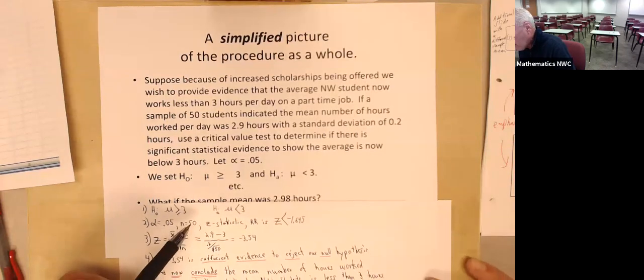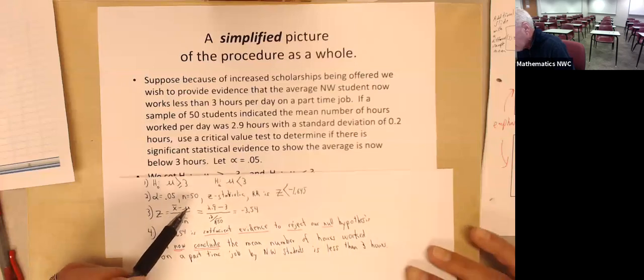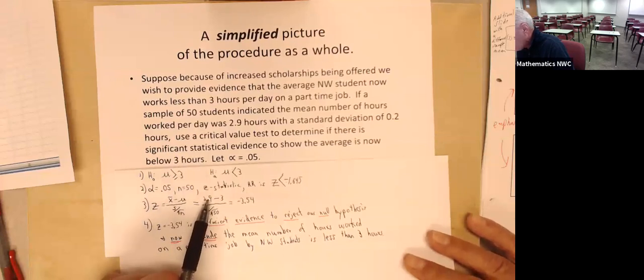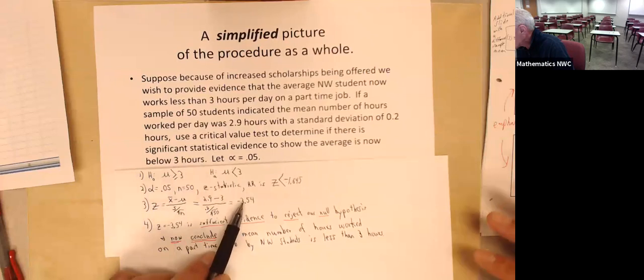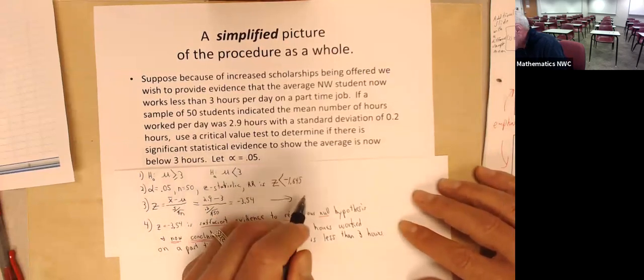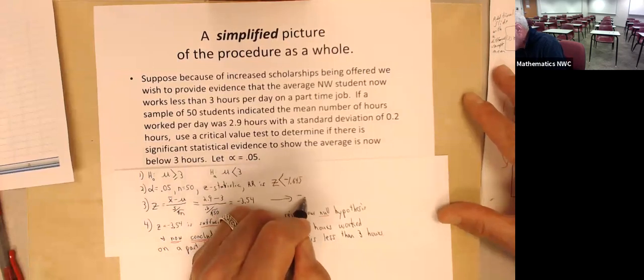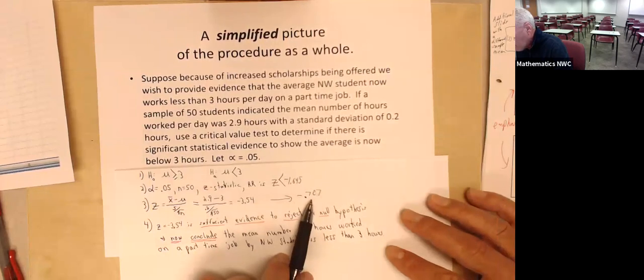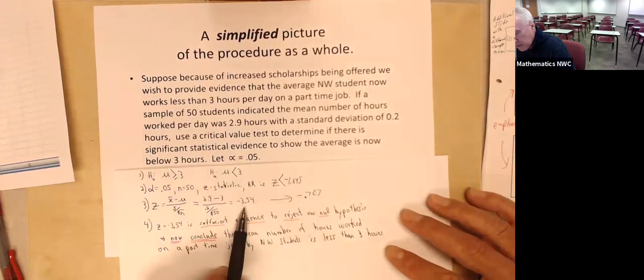That would have given me a different z-score. Actually, that z-score would have been the following value, a negative 0.707. It wouldn't have been nearly as extreme as this one.